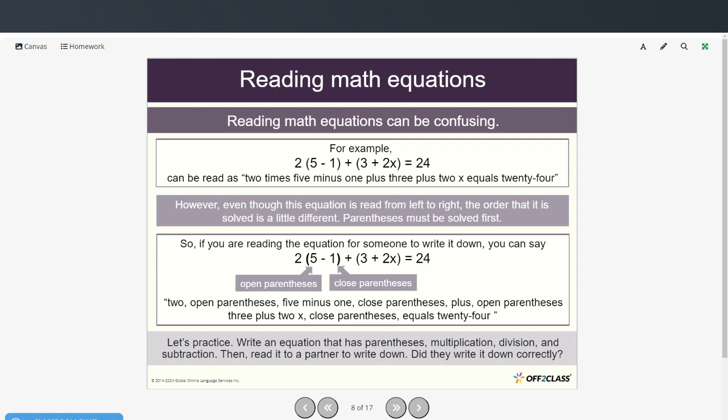So if you're reading the equation to someone, for someone to write it down, you can say open parentheses and close parentheses. So it would be 2 open parentheses 5 minus 1 close parentheses plus open parentheses 3 plus 2x close parentheses equals 24.